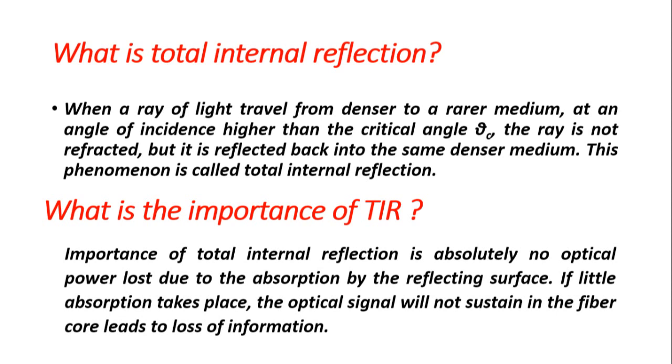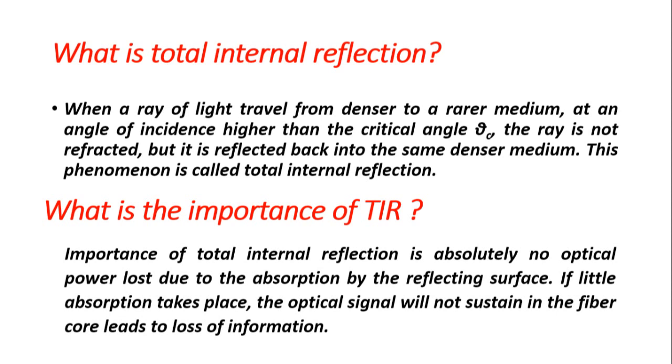You can see this in practical situations with any reflecting surface: when light falls on a reflecting surface, a certain quantity of light radiation gets absorbed by the surface. But in the case of total internal reflection, no power is absorbed by the reflecting surface. Completely 100% of the power is reflected back into the same medium.